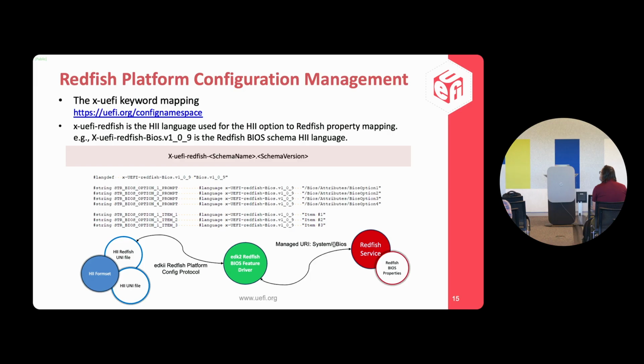In your HII, you have the UNI file for English and for Japanese, and you can have that for Redfish as well. Of course, this is a one-to-one mapping to your option. For example, this is option 1, so you say option 1 is BIOS attributes, BIOS option 1. Something like this.